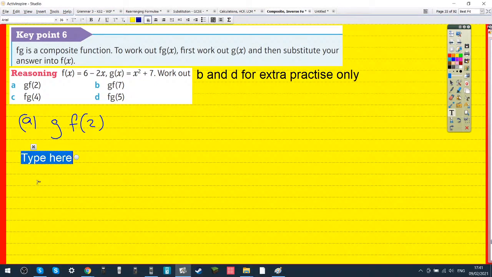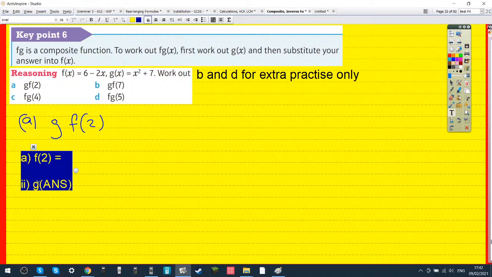The f of 2, so it would be 6 minus 2 times 2. Yep. What is that? That is 2.